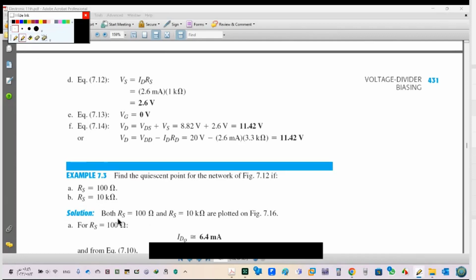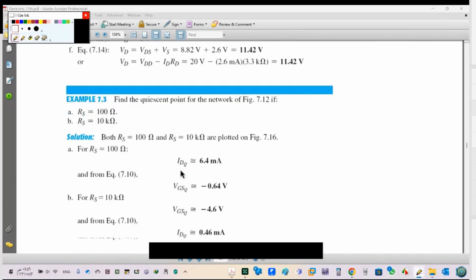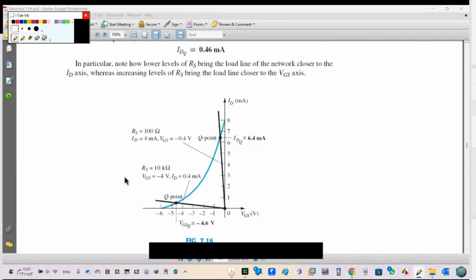First of all, RS 100 ohm, and RS 10 kilo ohm. So if I draw the graph or the line, just a minute, I want to check this one. See this one, this is RS 100. This is RS 10 kilo ohm. And this is my RS, don't forget. This is RS 1 kilo.